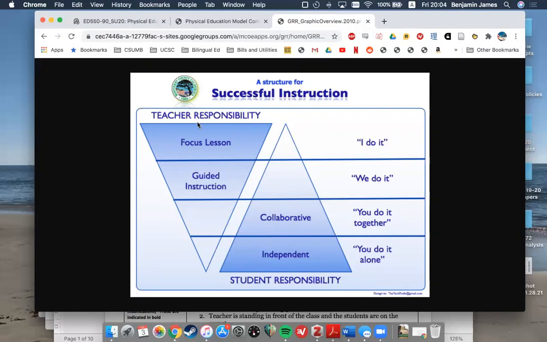It starts from more of a general phase, which we call the I do it phase, where the teacher is focusing the lesson and introducing the concepts. They're engaging with the students with an activity that introduces and activates prior knowledge related to the topic, the concept, the content, or the skills.